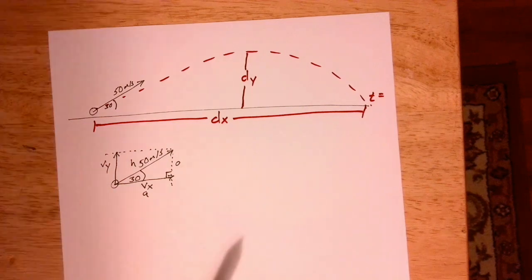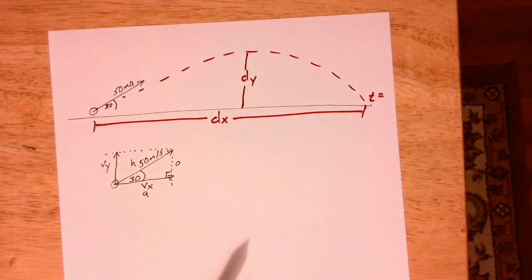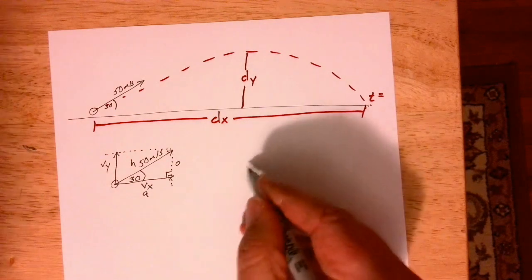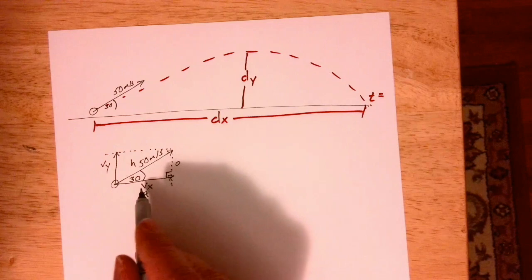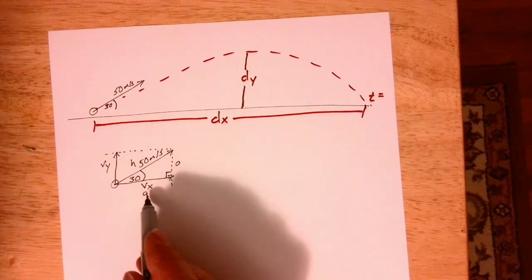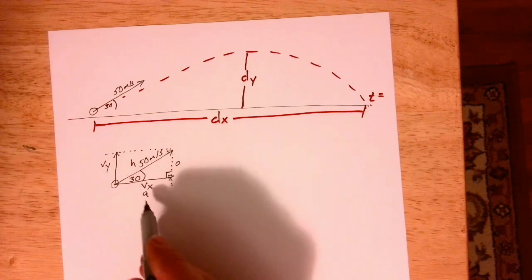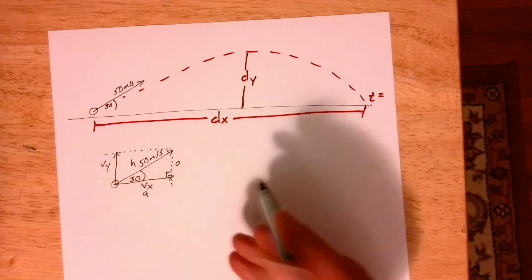Now hopefully you did well on that part. So let's go ahead and work this one out. Alright, so let's go ahead and solve for, let's say, the Vx here first. So you have your adjacent and hypotenuse. So adjacent and hypotenuse, you're going to be using cosine.